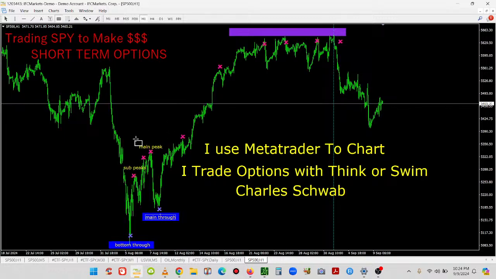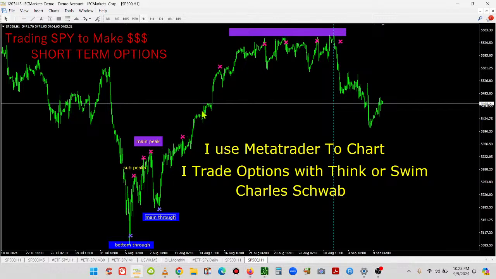Let's go ahead and make this a little clearer. This is a main peak and this is a main trough. This is a sub peak.